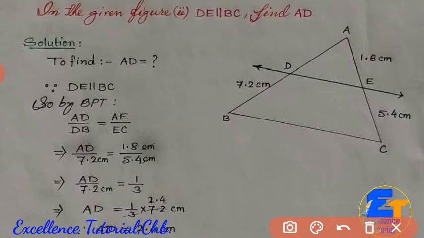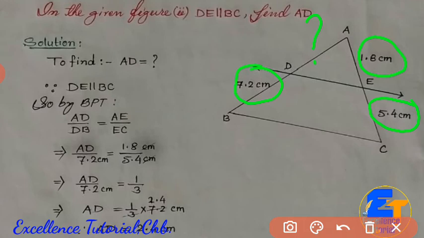For this figure, AE is given as 1.8, EC is 5.4, DB is 7.2, and finally we need to find AD. What will be the actual measurement for this part AD?